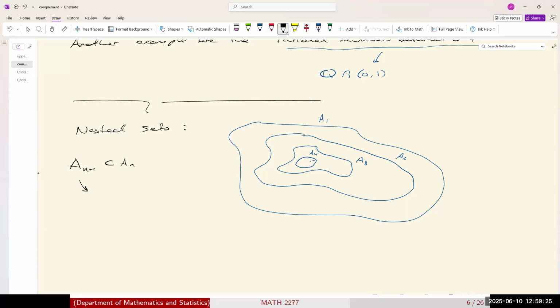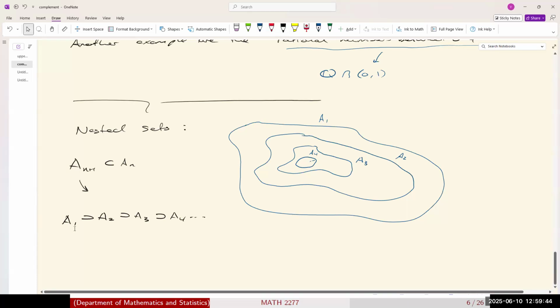Or if you want to write it like this, A1 contains A2 contains A3 contains A4 and so on. So that's essentially what nested means, one inside the next.